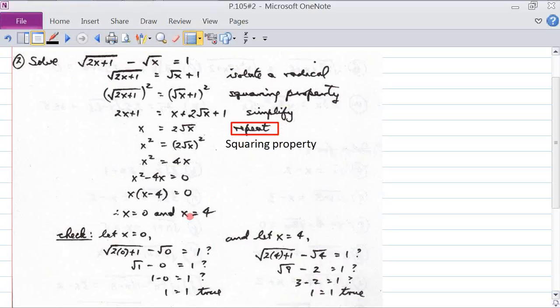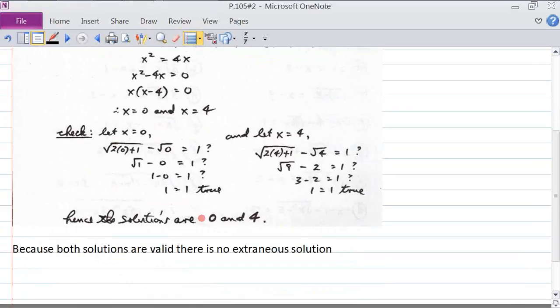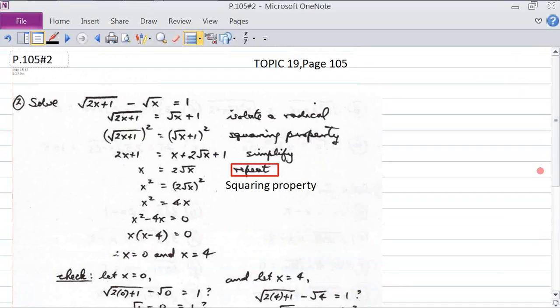Now if you try the other term, 2 times 4 plus 1 gives us the square root of 9, minus the square root of 4, which is 2. So 3 minus 2 is 1, and the right side is 1. So here we have 2 solutions, and there are no extraneous solutions. This completes our discussion of page 105.